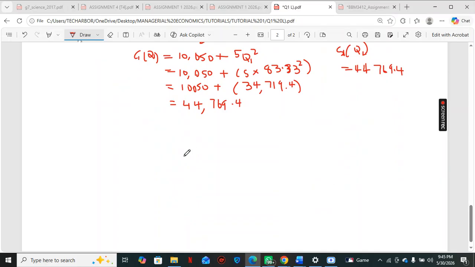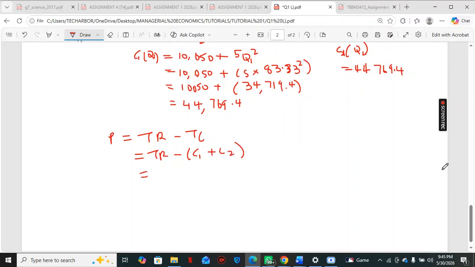So our profit, as I said, is going to be TR minus TC, and TC breaks down to both cost functions here. So TR minus C1 plus C2.